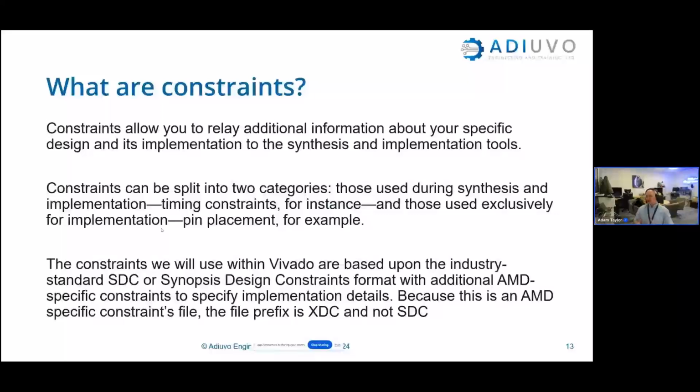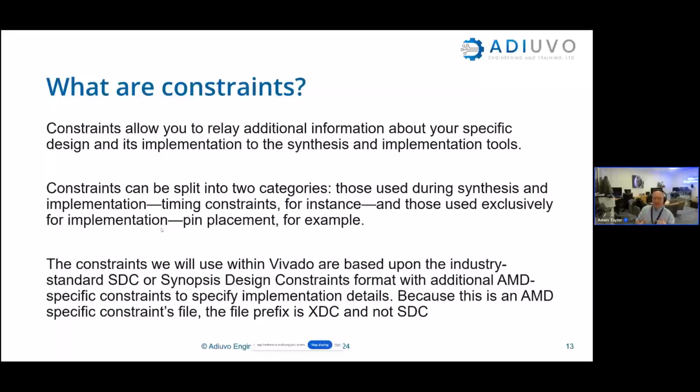With our clocks, we need to tell the implementation tool how to implement this design so that it meets timing. How we do that initially is we provide some constraints to the design. We tell Vivado what clock frequencies we want to operate at.